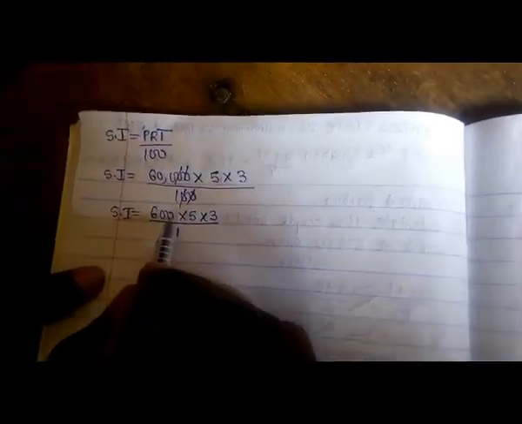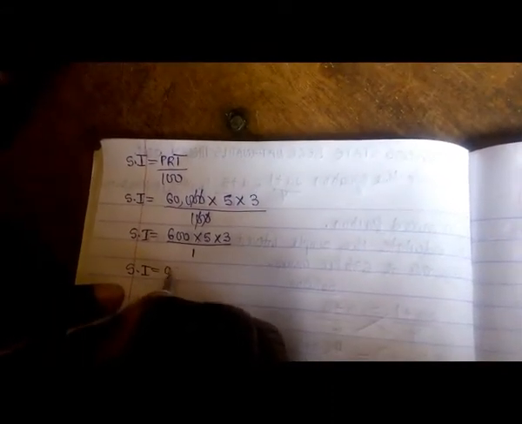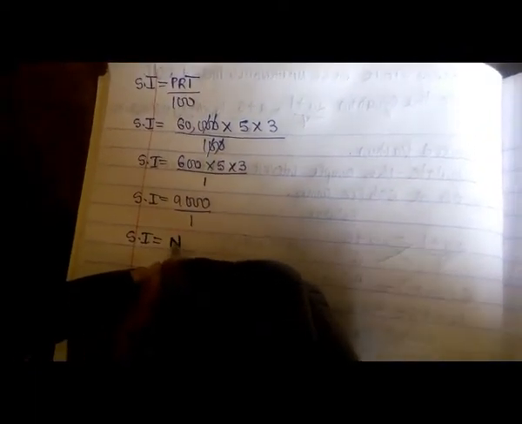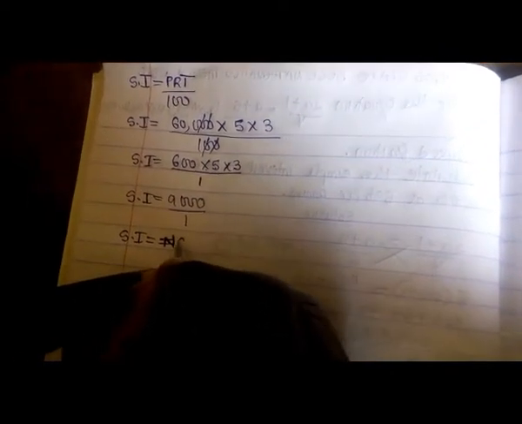Once you multiply 600 times 5 times 3, you get 9,000. So 9,000 over 1 is 9,000. So our simple interest is 9,000 naira. That's the end of this question.